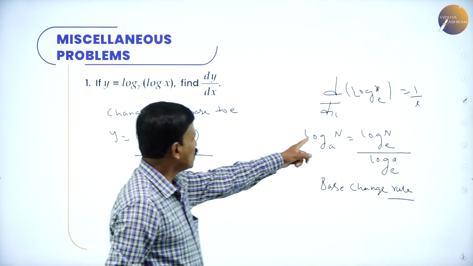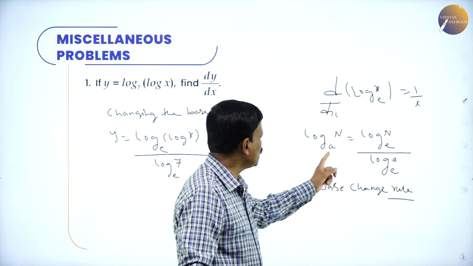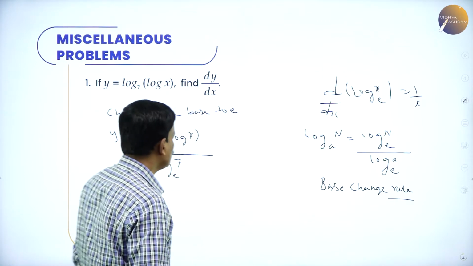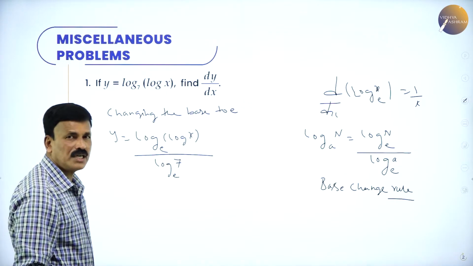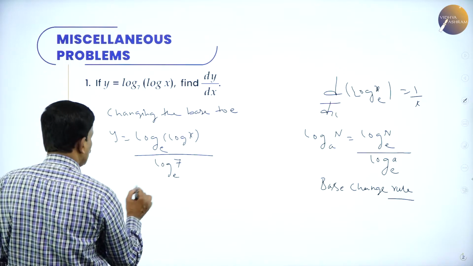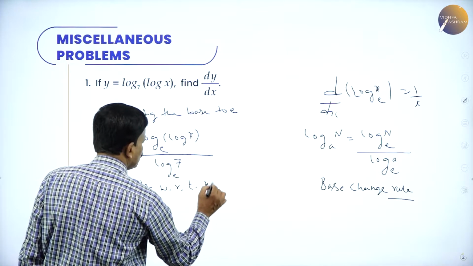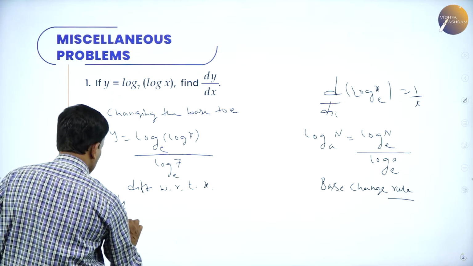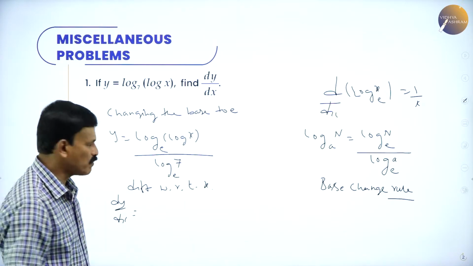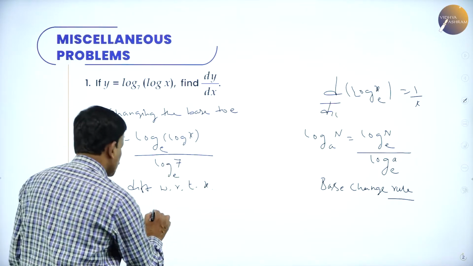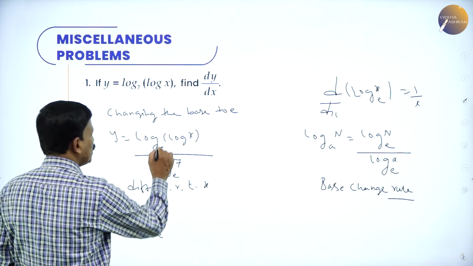Now differentiating with respect to x, dy by dx, you can apply the u by v formula, or the easiest way: log 7 to base e is a constant, so I can take it out and differentiate the rest.